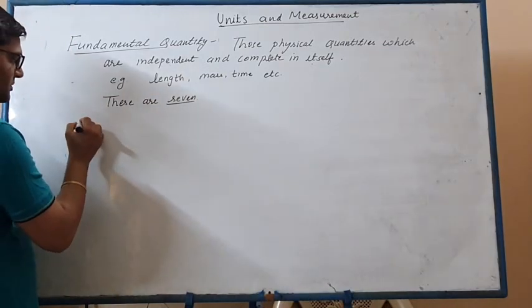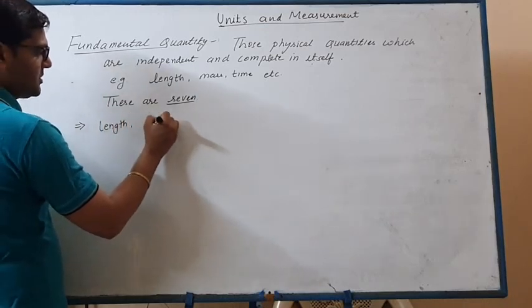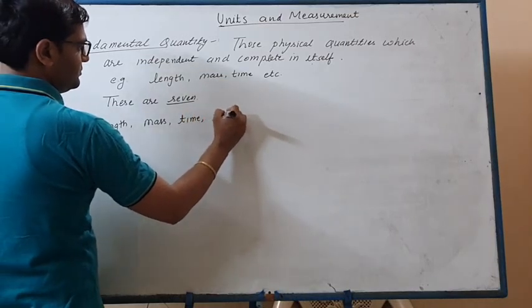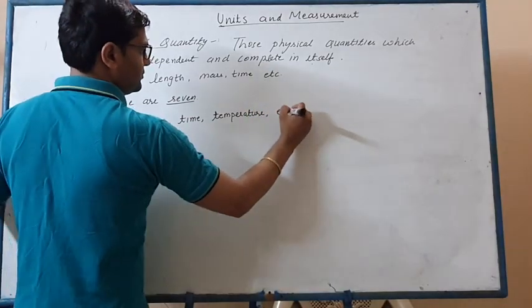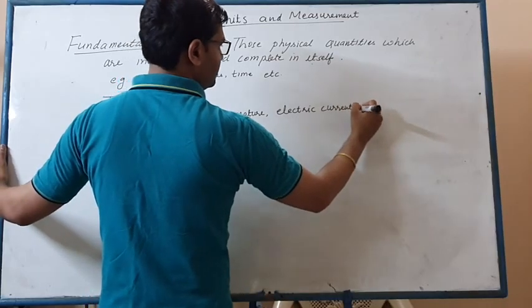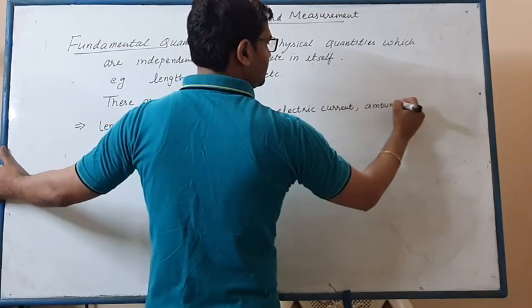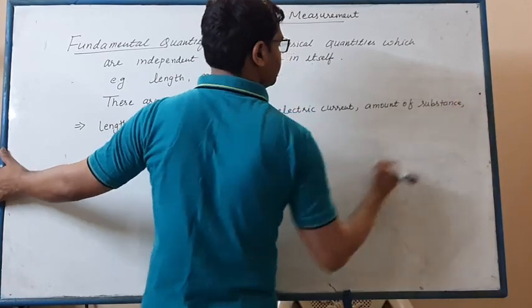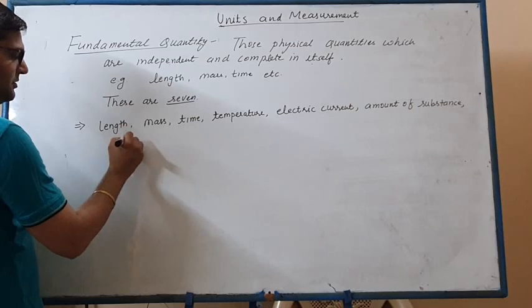And these are length, mass, time, temperature, electric current, amount of substance, luminous intensity.